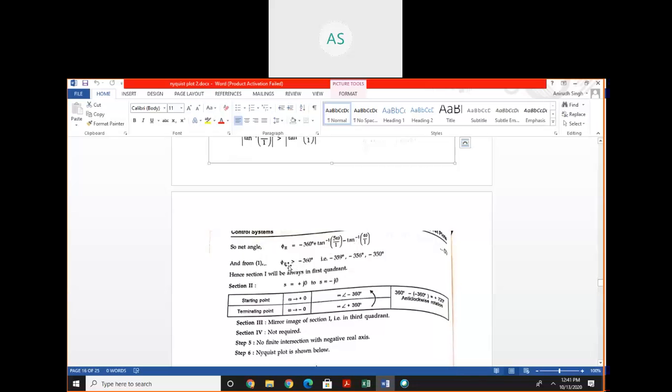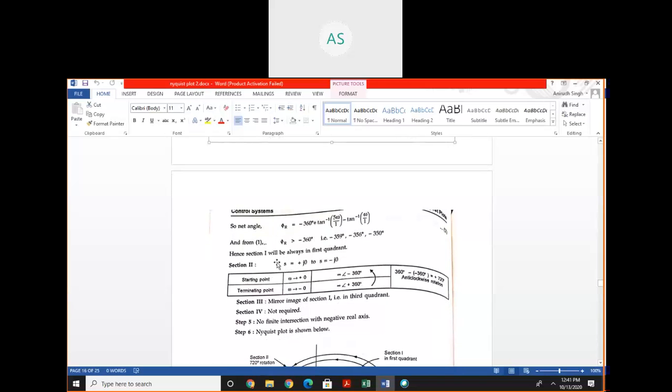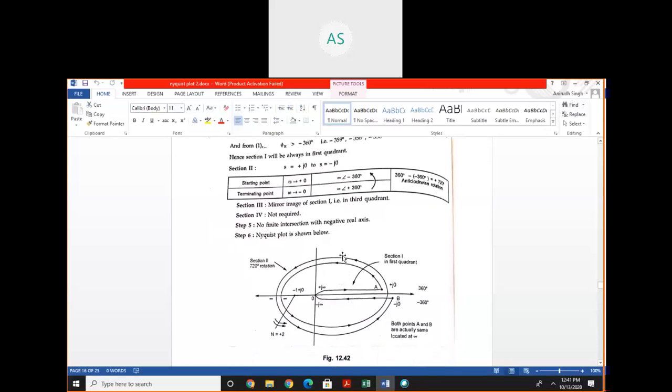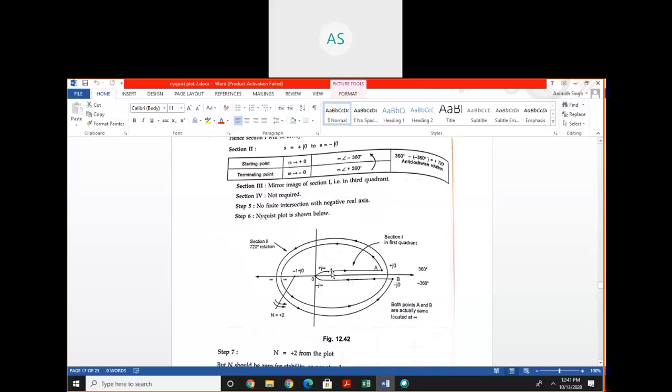But according to the question, the magnitude of 10 inverse 5 omega by 1 is greater than the magnitude of 10 inverse omega by 1. So we can say that psi R is minus 360 plus 10 inverse 5 omega by 1 minus 10 inverse omega by 1.